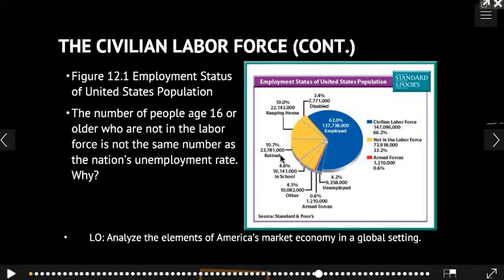You have people that are retired. That accounts for 10.7%. Those that are in school, 4.6%. And 4.5% is other, which basically means they don't fall into any of these other categories, but they are also not in the labor force.